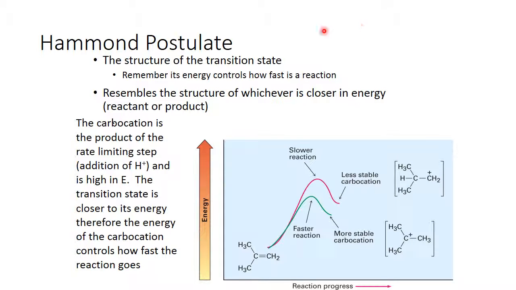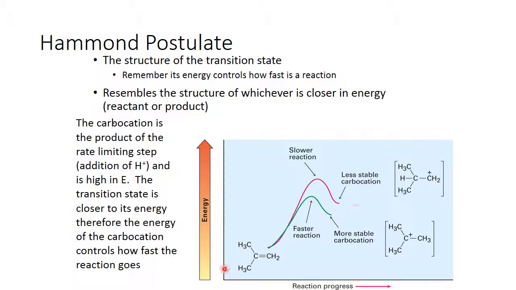Let's look at something called Hammond's Postulate. Hammond's postulate is that the transition state energy, or the structure of the transition state, is similar to whatever it is closer to in energy.